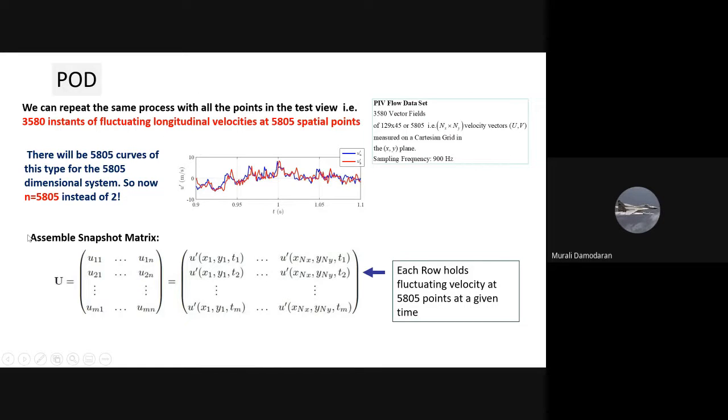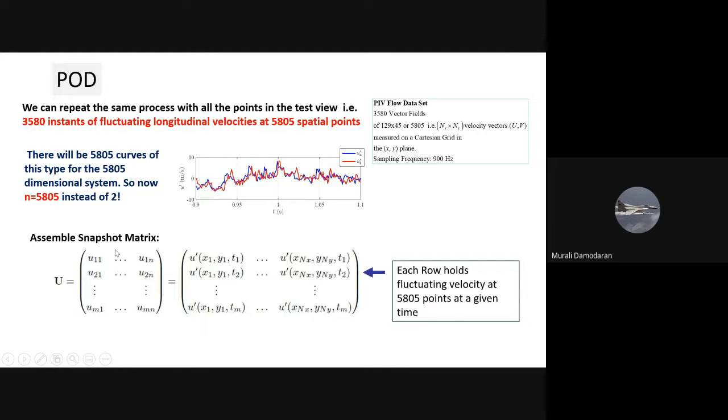Okay, so now you can repeat it. I'm going to go very fast now because I can have many points. Okay, you repeat the process. I only took 2, but if I take 5,805, then I will have 5,805 such signals coming from the 5,805 spatial points in the view domain, and over 3,580 time instants.